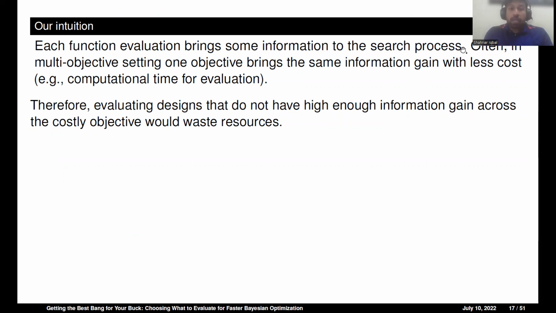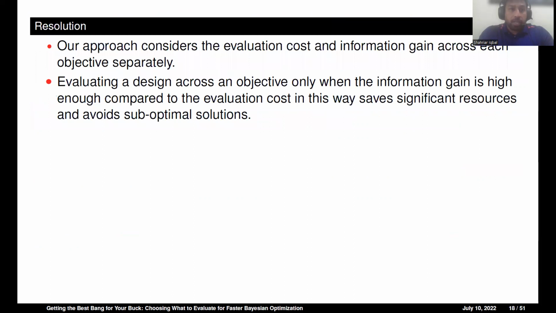And if we can do that, we can save resources, and it would help us find faster convergence for our optimization technique. So our resolution was that we considered the evaluation cost and information gain across each objective separately, evaluating a design across an objective only when the information gain is high enough compared to the evaluation cost. In this way, we save significant resources and avoid suboptimal solutions.